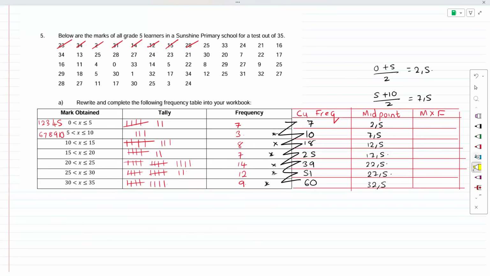Now, midpoint times frequency. All we're going to do is take the midpoint and multiply it by the frequency. So it's 2.5 times 7.